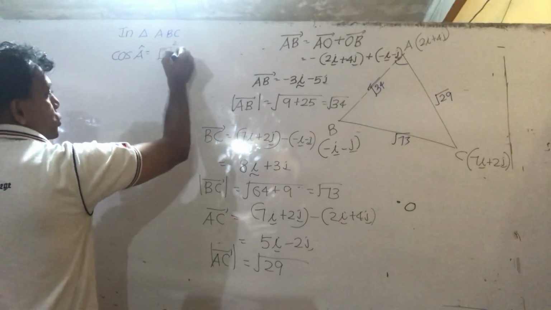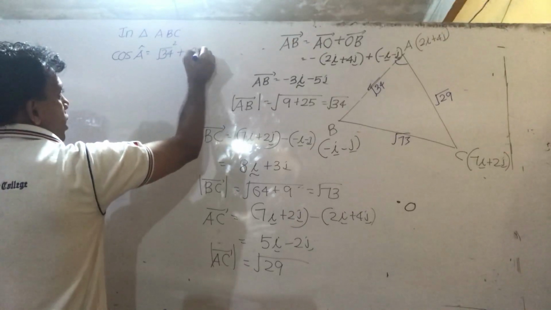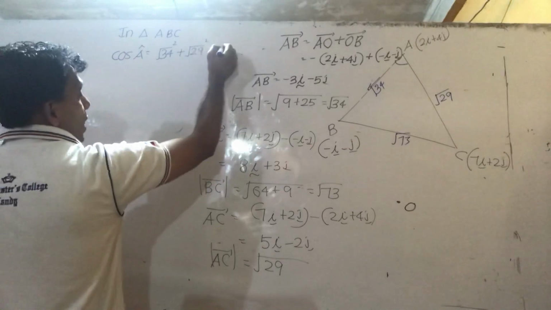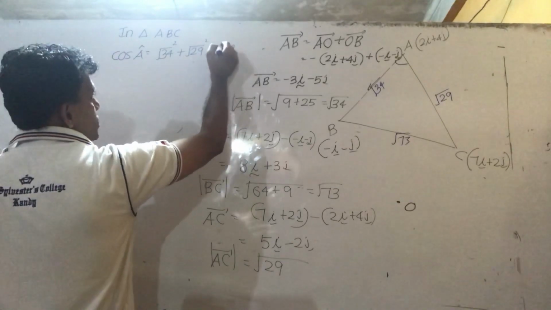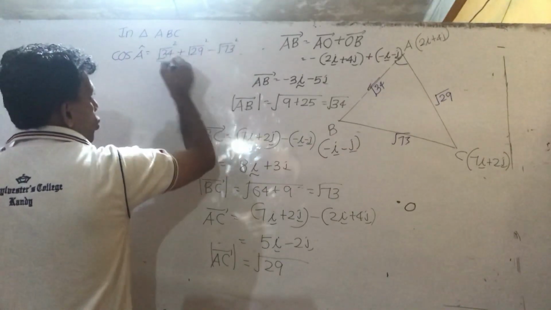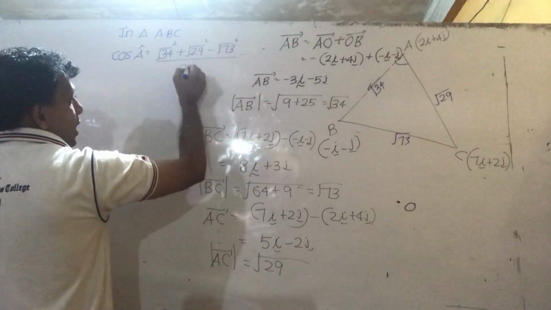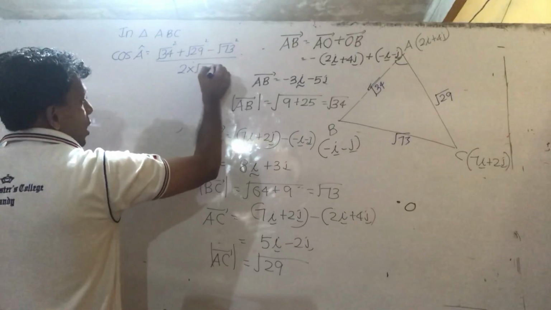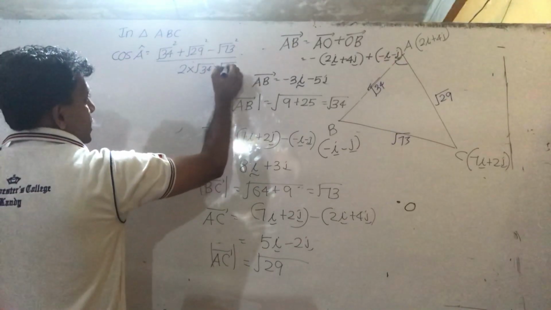square root 34 squared plus square root 29 squared, minus square root 73 squared, over 2 times square root 34 and square root 29.